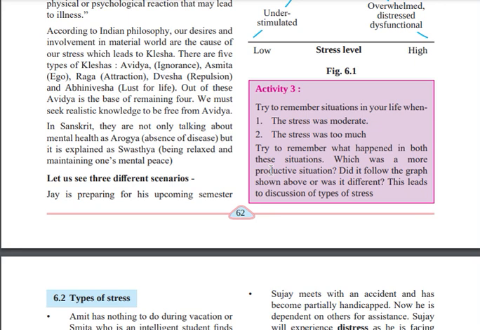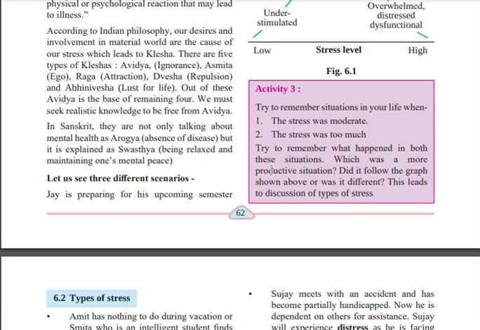Indian philosophy says that whatever desire you have towards this material world is the main cause of stress. For example, I have a desire to purchase a bungalow, I have a desire to have money. So this is the main reason for stress.